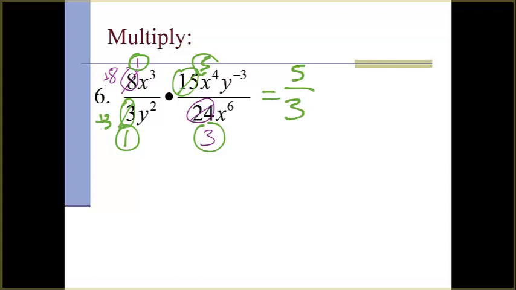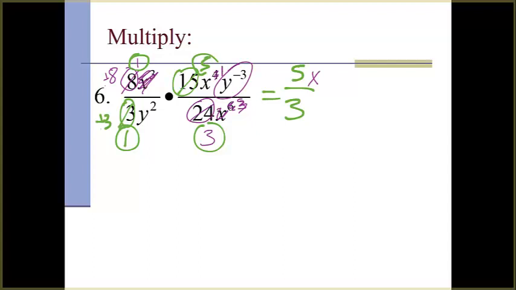Now I have to deal with the exponents. I'm going to do the cross-cancel way, because again, this is a cross-cancel way you want to start to get. I have 3 x's up here that cancel out with 3 x's down here. I have 3 x's down here that cancel out with 3 x's up here, which means I'm left with just an x at the end of it. This one's a little bit tricky.